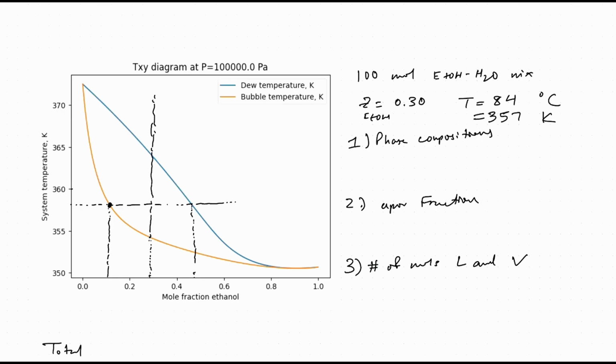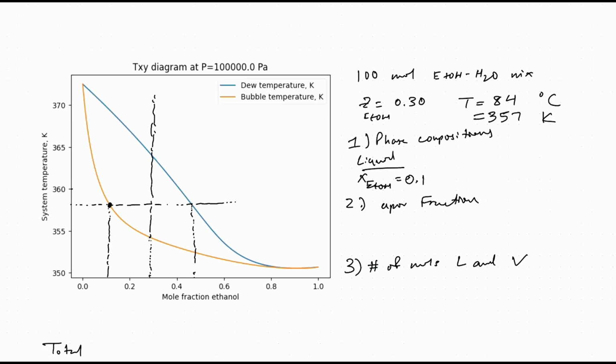So we can say that the liquid X ethanol is equal to, we'll say around 0.1, so 10% ethanol.